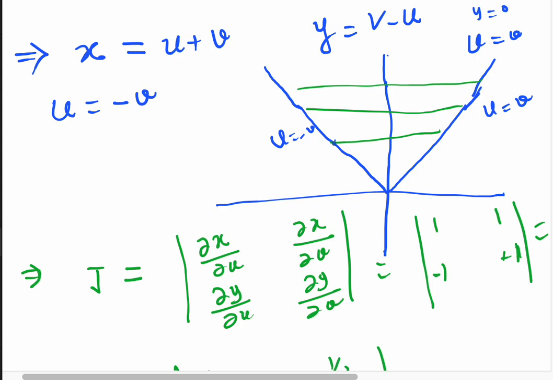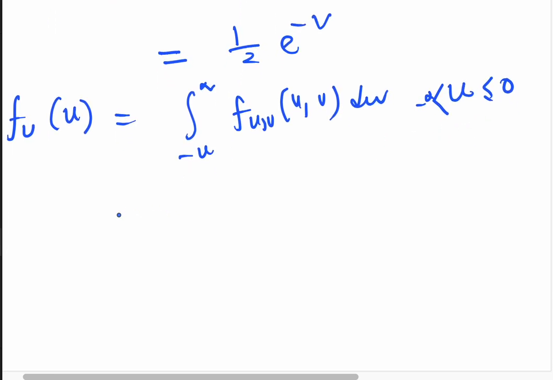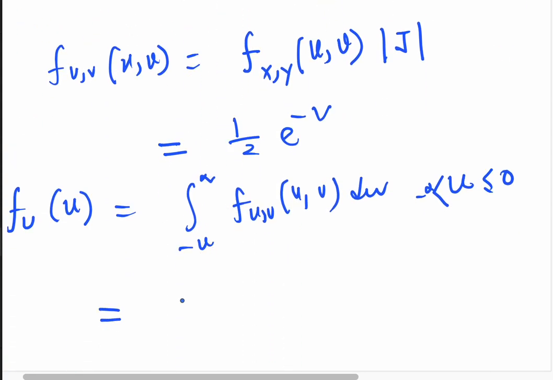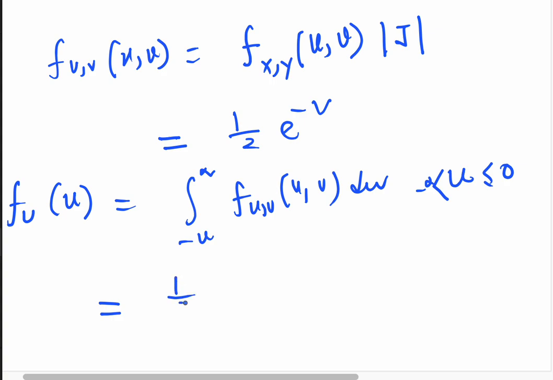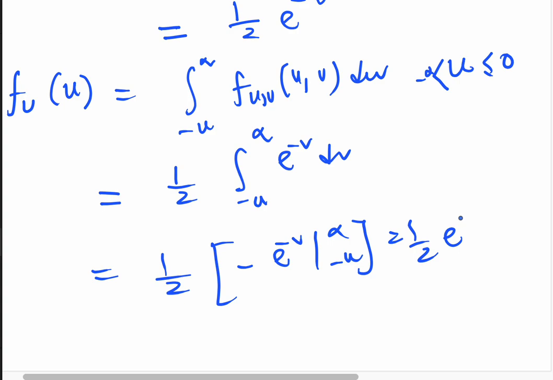So v starts from minus u to infinity, so the integral from minus u to infinity of f uv dv. This is for u between minus infinity and less than 0. If I integrate it, half times the integral from minus u to infinity of e to the power minus v dv. So this is half times minus e to the power minus v from minus u to infinity. So this is half e to the power u.